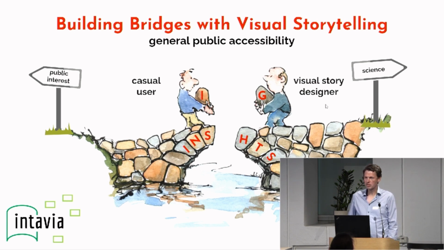So when we talk about storytelling, we talk about how we can make scientific results accessible to people outside of this area. So general public accessibility, to somehow connect public interest with science, so to say.